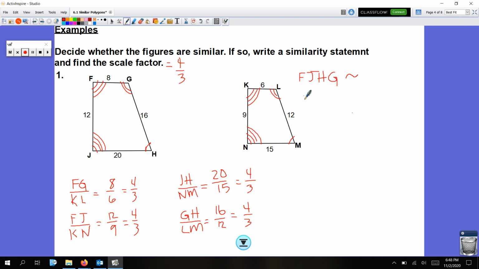F. So we would start with K, N, M, L. So F, J, H, G is similar to K, N, M, L. Okay. And the scale factor was 4/3. 4 over 3. However you want to say.